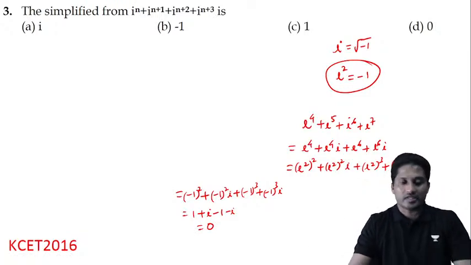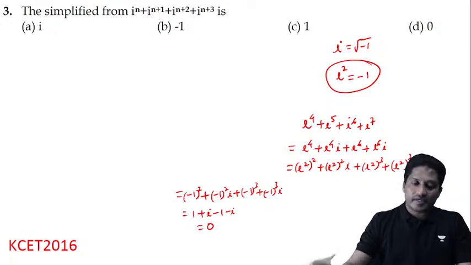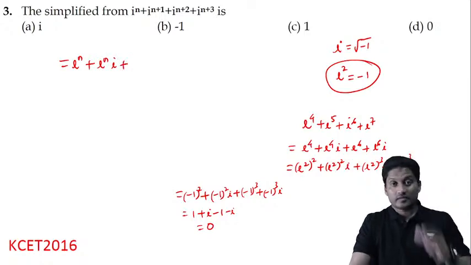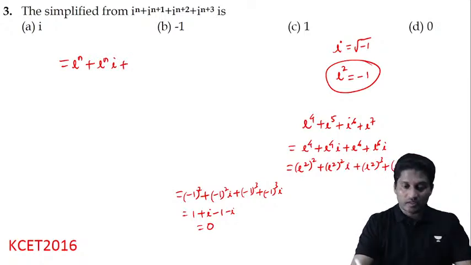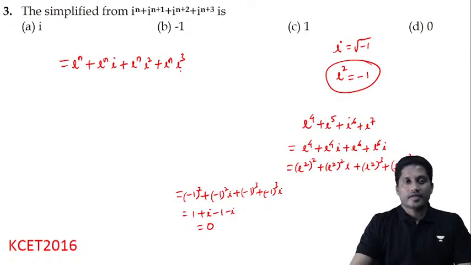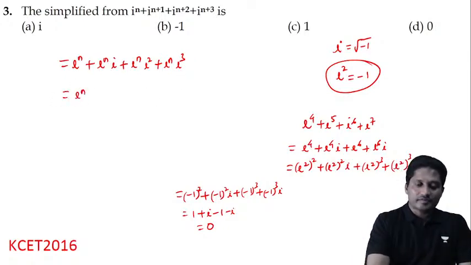So if I use that logic, I can write this as i power n plus i to the power n into i plus i to the power n into i square plus i power n into i cube. Right? I'm going to take i power n out. You will get 1 plus i plus i square plus i cube.